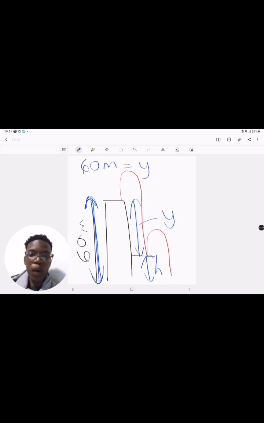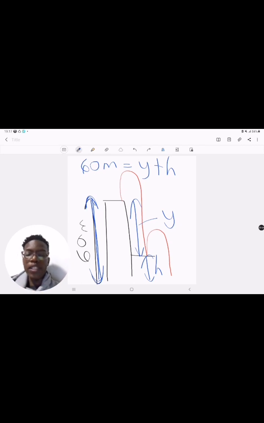So that's going to be y plus h. We are looking for h, which is the height of the balcony above the ground. We do not have h, and we do not have y. But how do we find y?